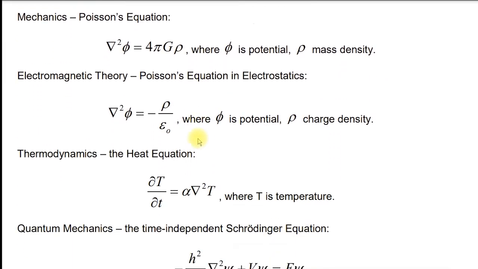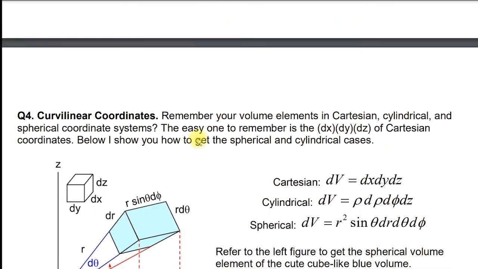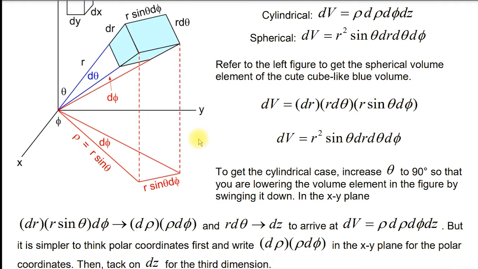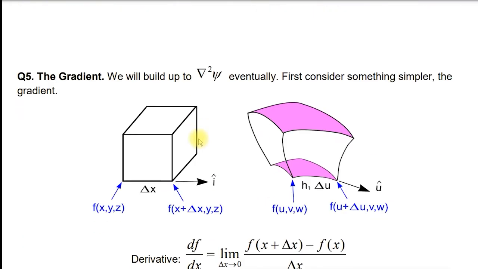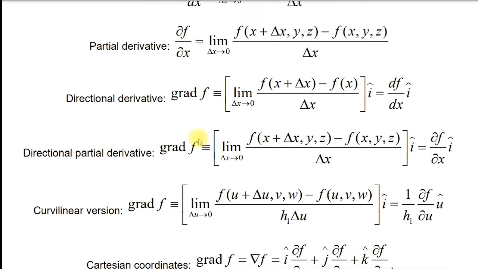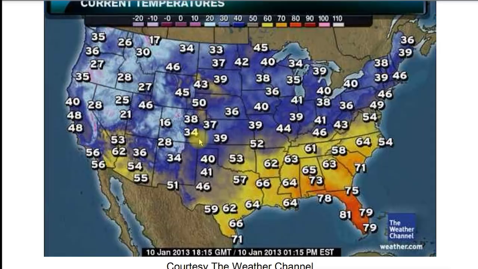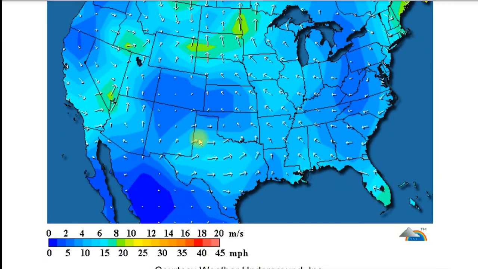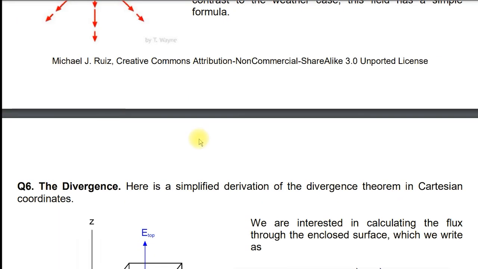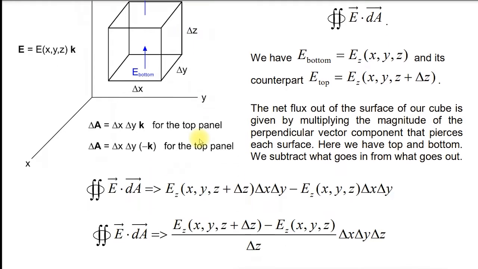This we can skip, the Poisson equations. And curvilinear coordinates, we can skip the derivation. This was all background information to help you understand where the Laplacian comes from, but we're not going to worry about curvilinear coordinates on the exam.